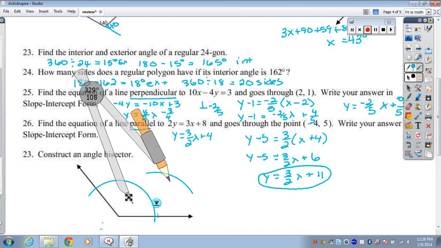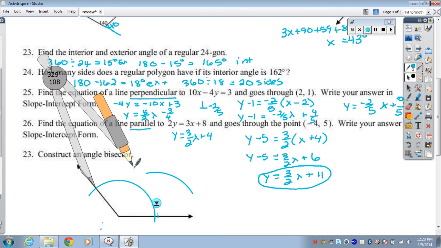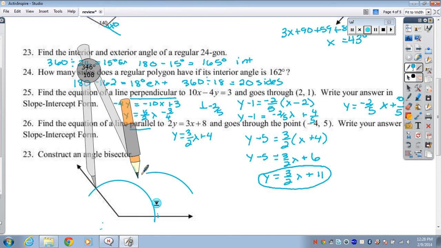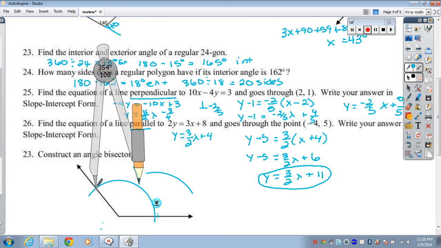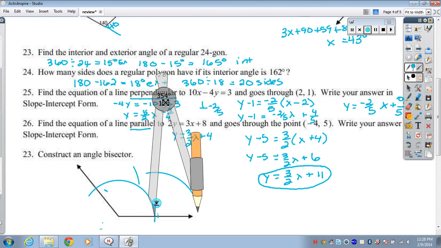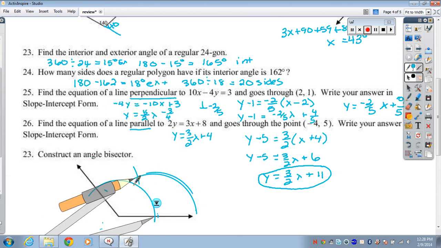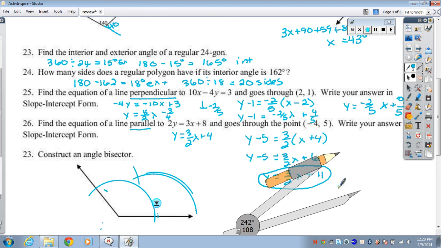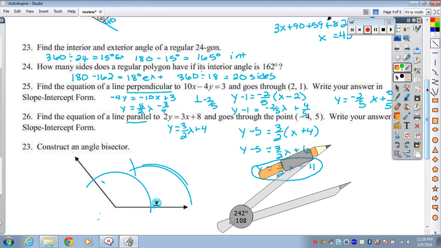Then we're going to move this over to this point, and draw another arc. Of course, those two arcs should intersect, and if they don't, you're going to have to redraw that arc. Then put in your line, and your line's going to go from here to this intersection point right there. There you go.